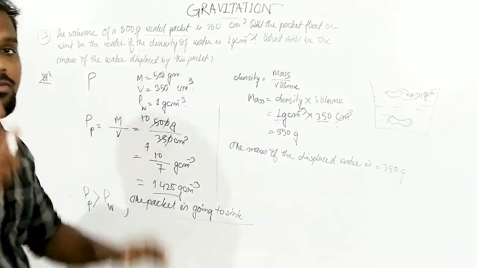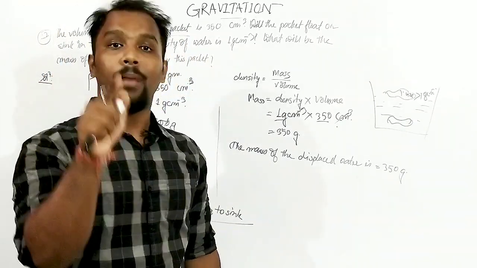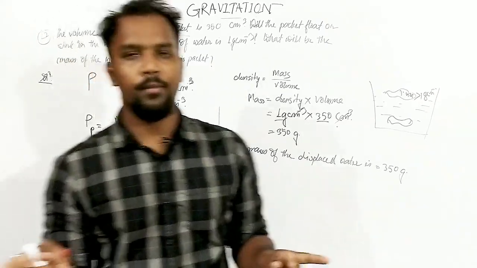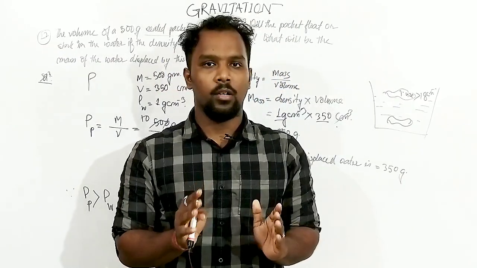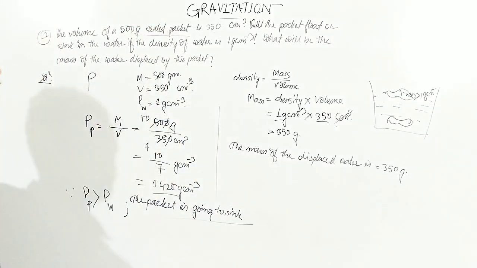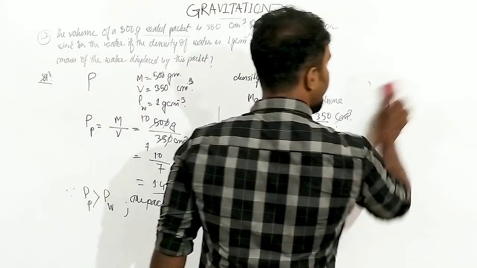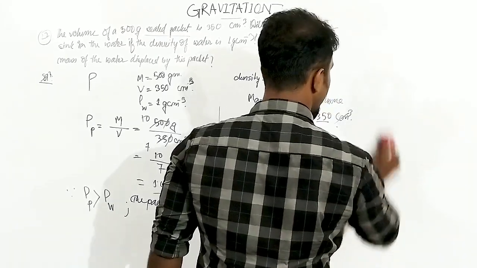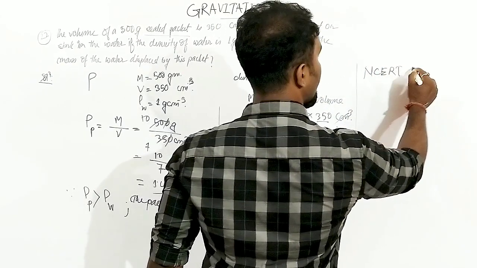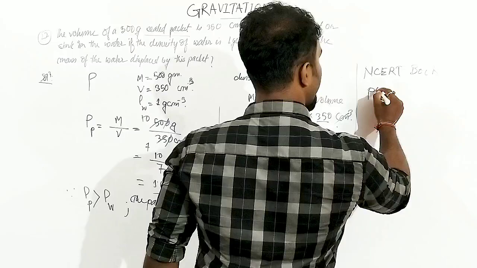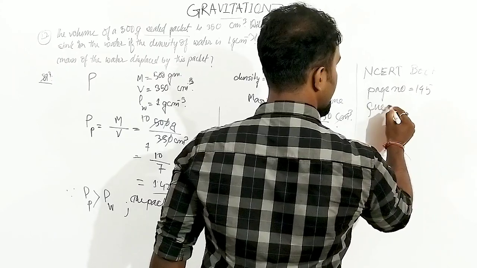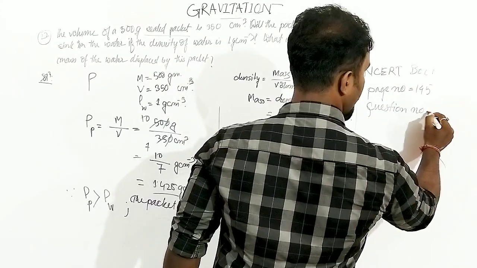Based on this question, you can solve question number 21 by yourself. So solve it and send me the answer. That is your quiz question. Solve it and give me one proper reason. For today, you have one quiz question: in your NCERT book, page number 145, question number 21.